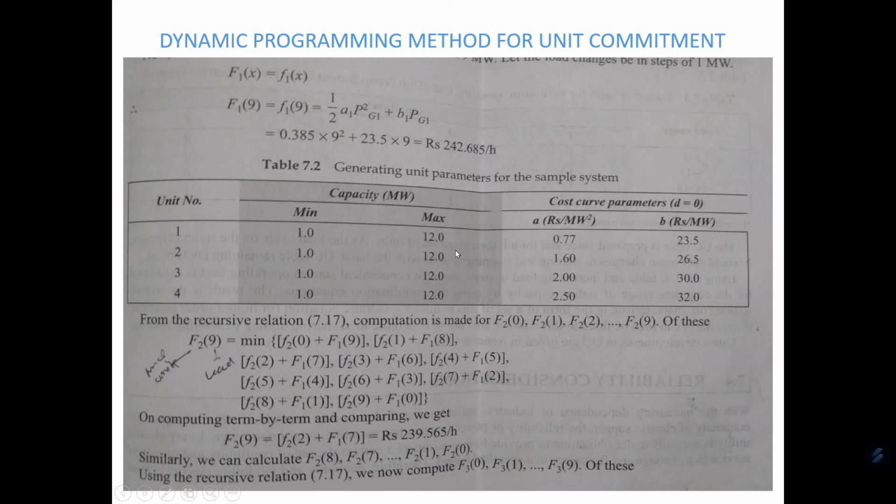Now the parameters needed for the fuel cost equation are shown here. The cost curve parameter D is equal to 0.